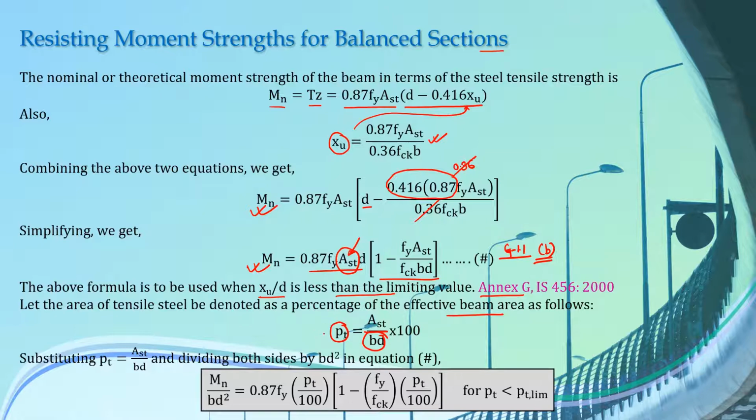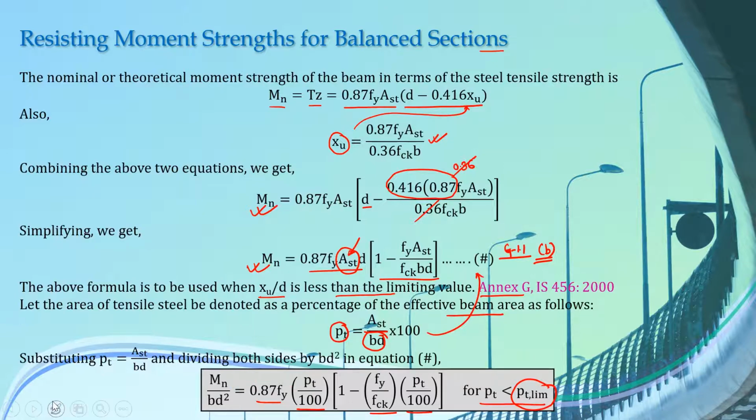And if you substitute the value of pt in this equation, then you get the value as Mn by bd square is 0.87 Fy pt over 100 into 1 minus Fy over fck into pt over 100. Again, this is for pt less than the limiting value of tensile reinforcement percentage.